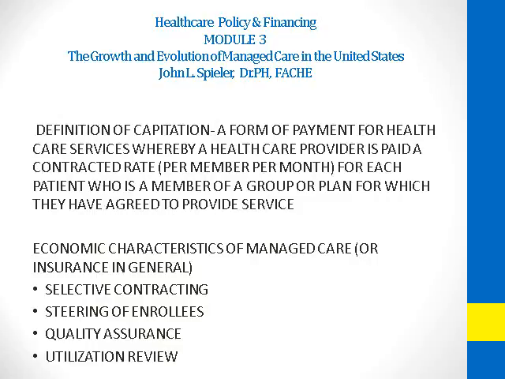The economic characteristics of managed care, and this can be found in your textbook, there are four characteristics, and this could be also for insurance in general. Selective contracting, and it's really to control the provider group for quality and cost. The steering of enrollees, and that's the insurance concept of adverse selection.